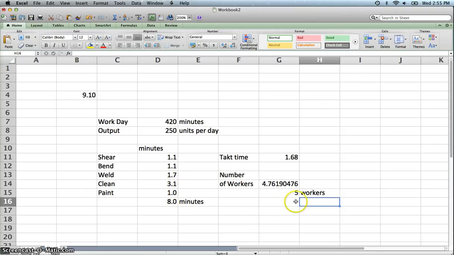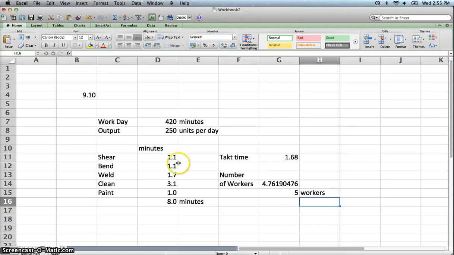So in reality we need 5 workers, but what we really need to think about is seeing if we can simplify the cleaning process. What that may mean is that the worker assigned to painting has to do the final cleaning, so we can take some of the time associated with cleaning here, 0.68, and add it to this one, so that this worker would have 1.68 minutes of work. They would do the final cleaning and then paint it.